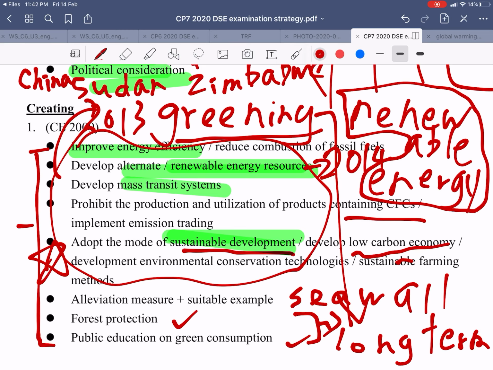Mid-term, for example, 5 years, 3 years, we can make the solar energy panel to be installed and then widely used, okay? But it is not long-term also, okay? So when we are talking about short-term measures, it is not very genuine, okay, more genuine measures, okay. But if we come to long-term measures, and then you can say it is not effective, okay. So this is how we make the judgment.